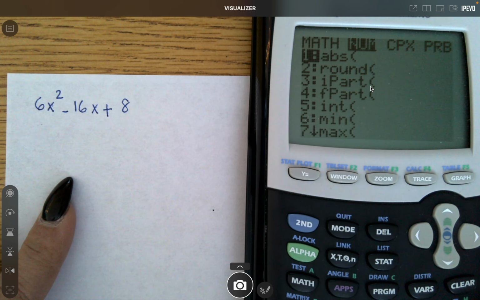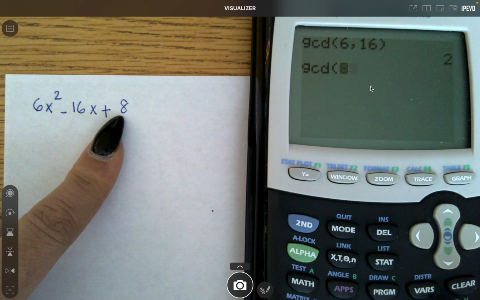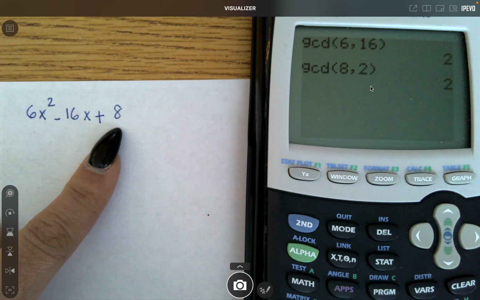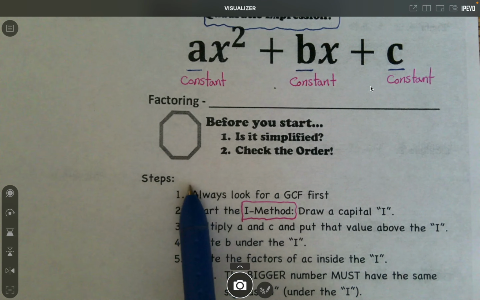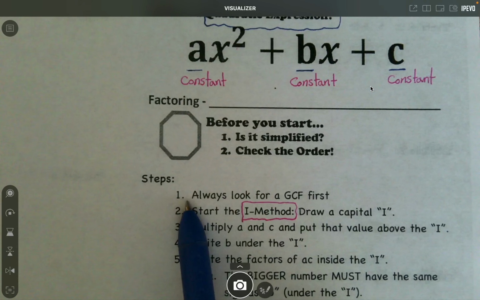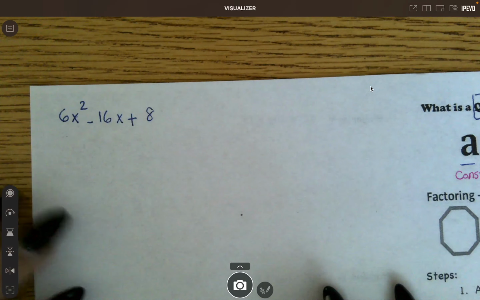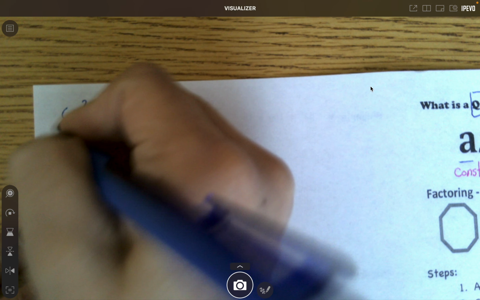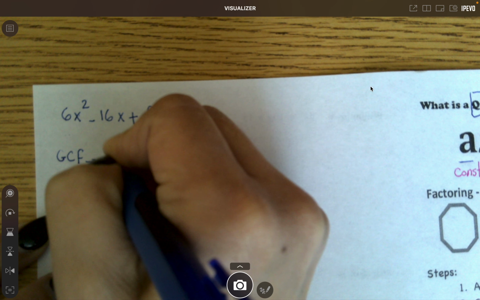Math, number 9. Then we put that 8 and this 2 here. What do we get? 2. So the first step we do is to find the GCF. So we found our GCF. Just going to write it down. The GCF is 2.